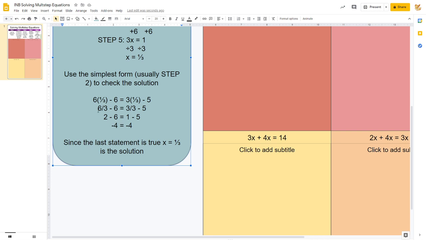So 6 times 1 is 6. 6 divided by 3, because remember, a fraction can be considered as a division problem. 6 divided by 3 minus 6. And then we have 3 divided by 3, because again, we did 3 times the numerator, which is 1, minus 5. So 6 divided by 3 is 2. 3 divided by 3 is 1.